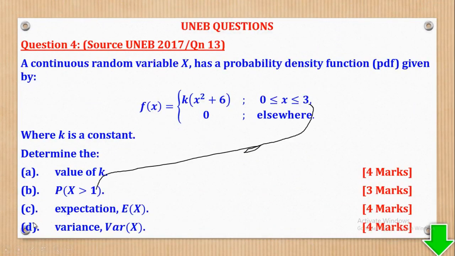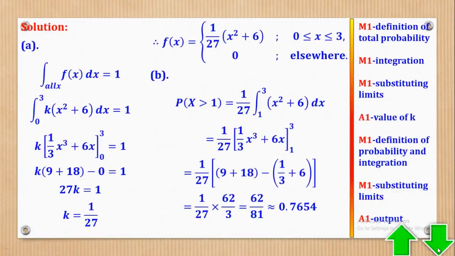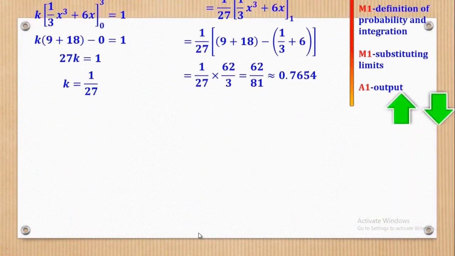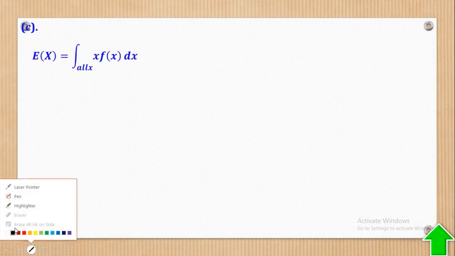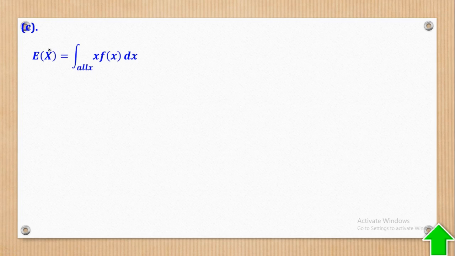Now part C and D, they want expectation and variance. So the expectation EX is equal to the integral of x fx. Always remember that EX is x fx.